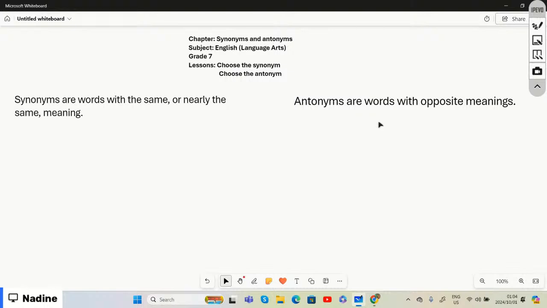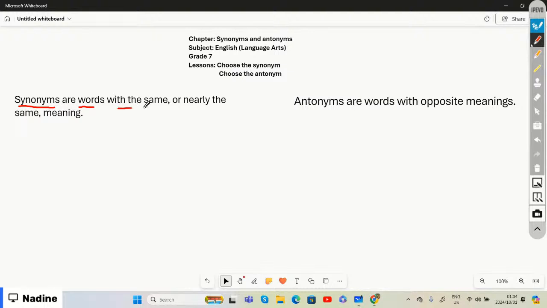All right, so when it comes to synonyms, synonyms are words with the same or nearly the same meaning. It can be different words, but the meanings of the words are either the same or almost the same.